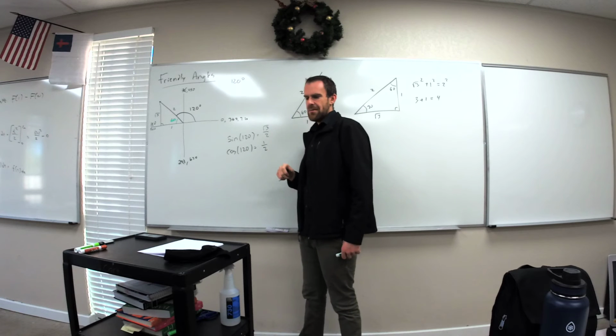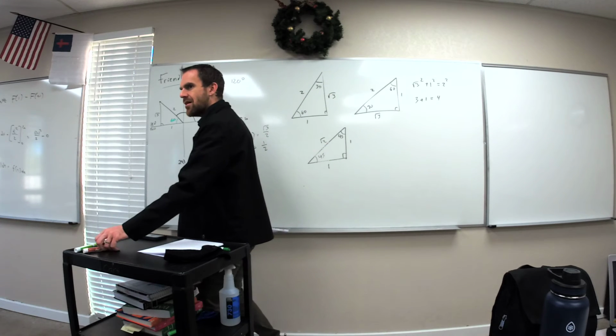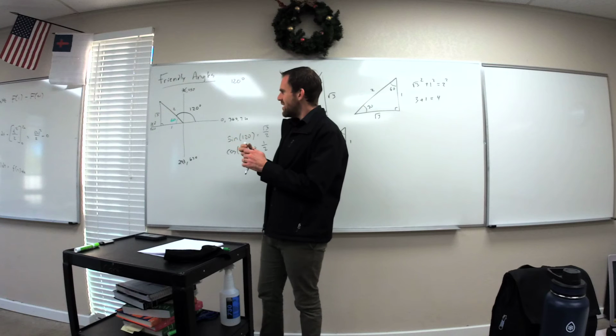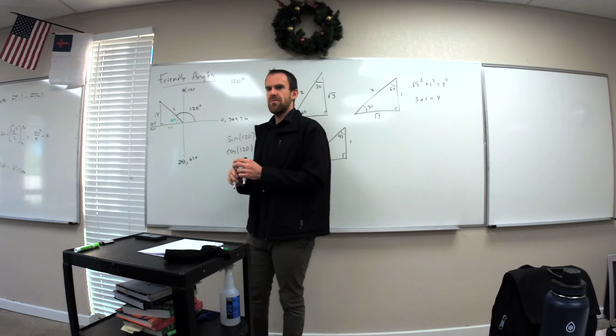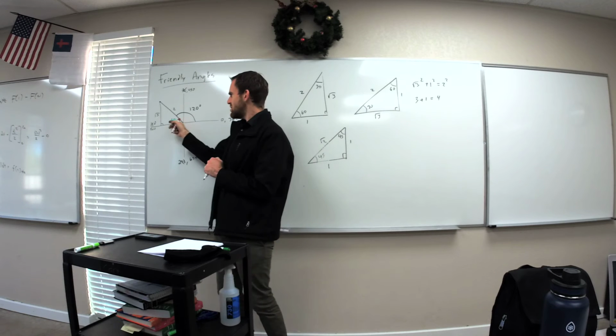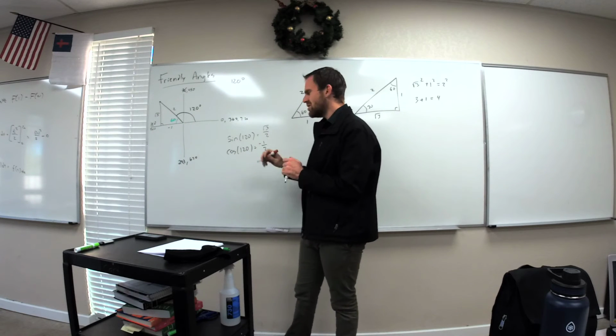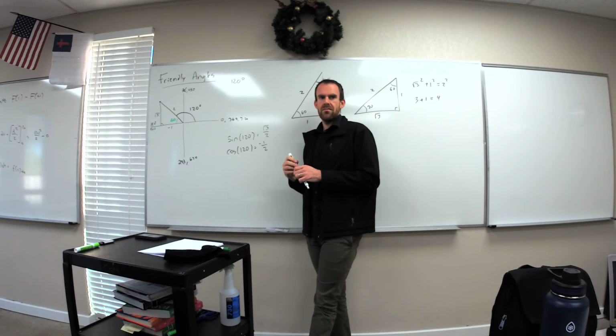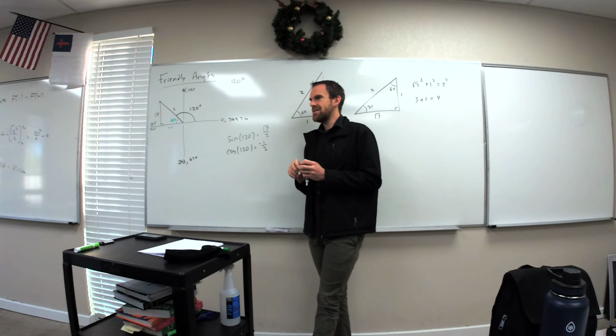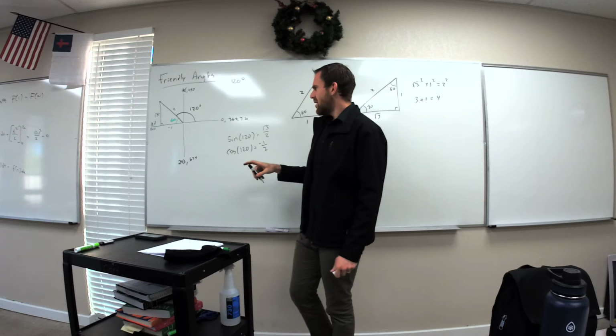It is adjacent over hypotenuse. Nothing wrong. So, since this goes backward, this one is really negative, right? So it's negative 1/2 because cosine is negative in the second quadrant. A little tricky on you.